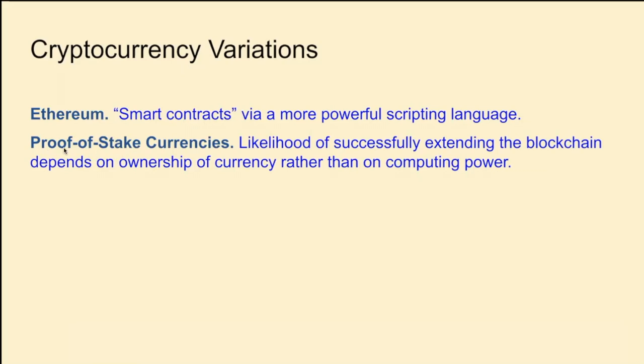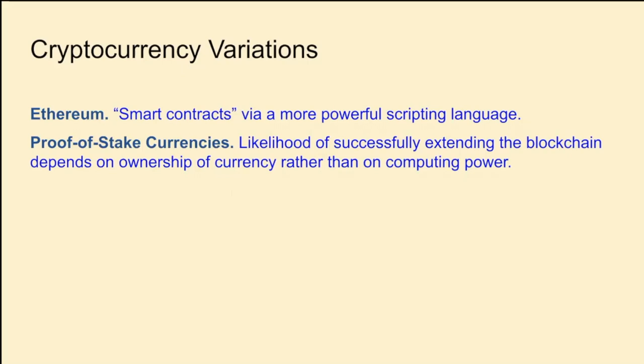Another variation on the Bitcoin idea is, I mentioned a few minutes ago that Bitcoin relies on just raw computing power to be able to extend the blockchain. There's also an idea called proof of stake, which basically correlates the ability to extend the blockchain with ownership of the currency rather than with computing power.